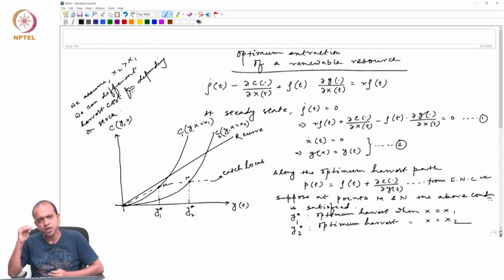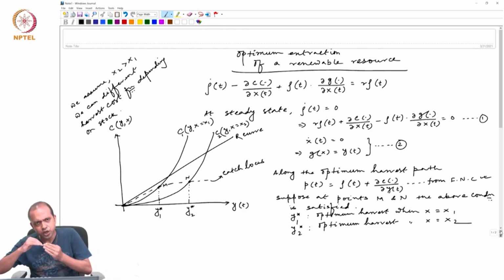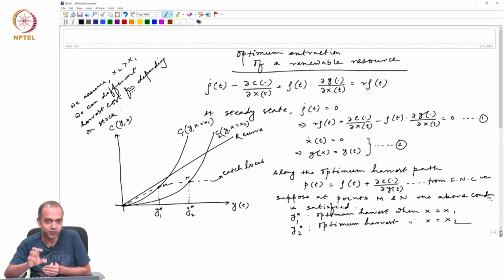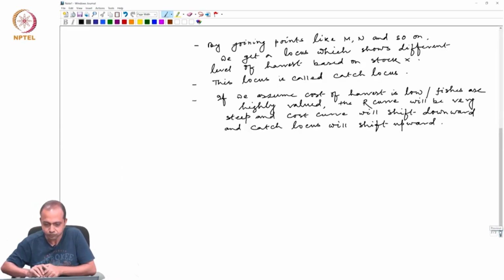So, that means we will have different types of catch locus in this dynamic setup. When there is a change in the cost of extraction or cost of harvest, or when there is a change in price in the fish market, that will give an upward push and the catch locus will shift upward. Now what we will do?